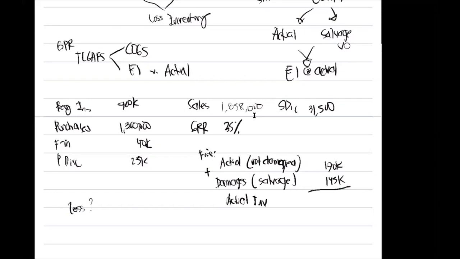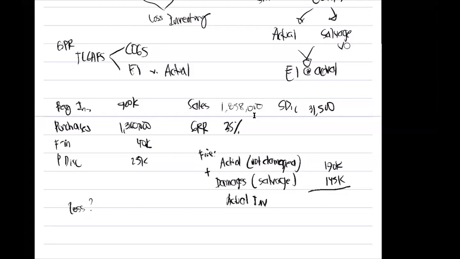So our cost of goods sold is equal to 1,858,000. We do not deduct the discount. We multiply it by 1 less the gross profit rate of 35%. So 1,858,000 multiplied by 65% will give us 1,207,700.